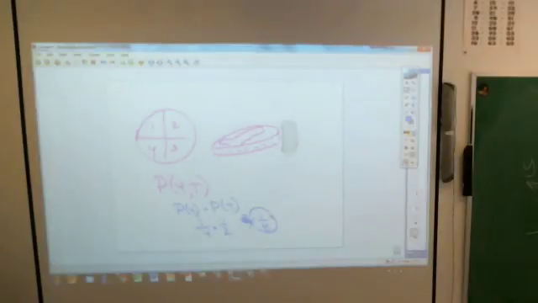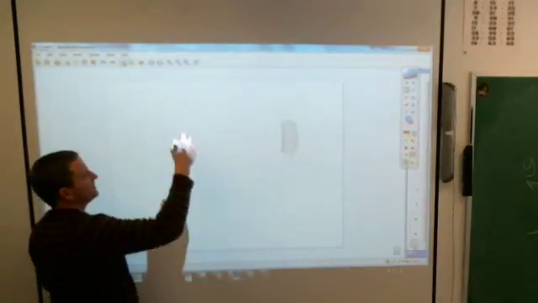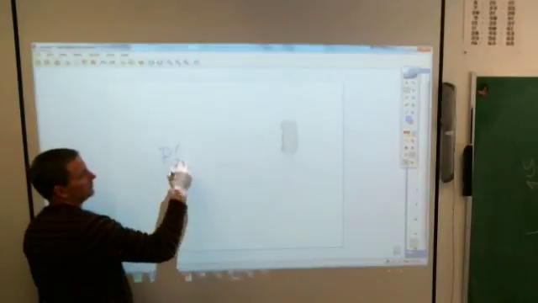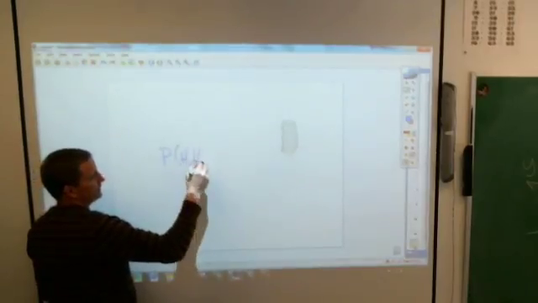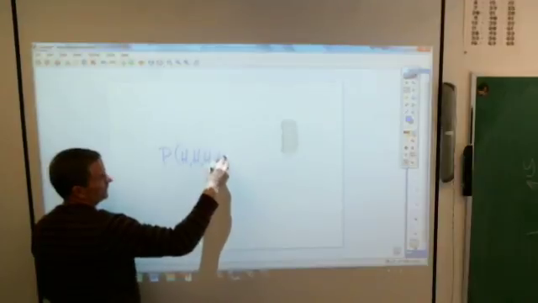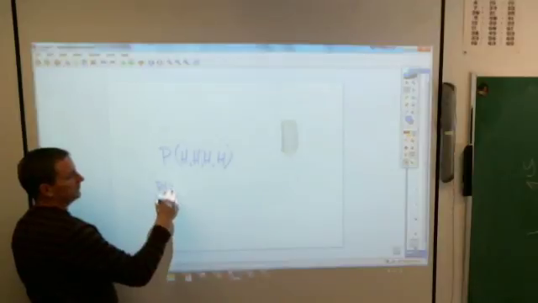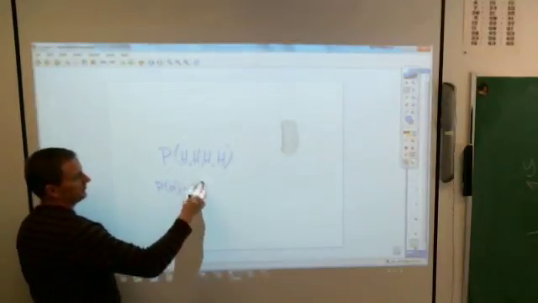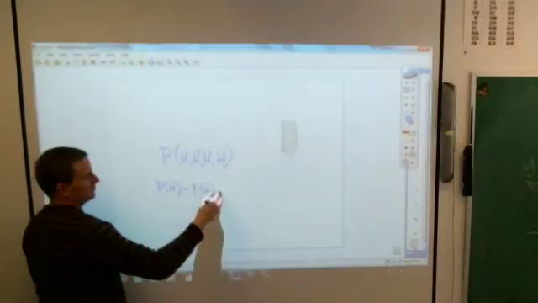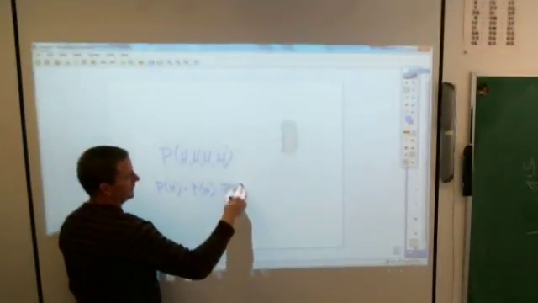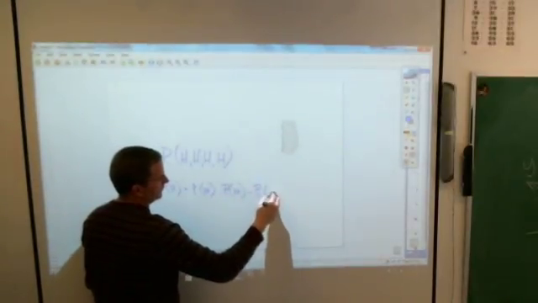Let's see what they ask here. One question out of the book says a coin will be flipped 4 times. What's the probability that a coin will land heads up 4 times in a row? So the probability of a head, a head, a head, and a head is the probability of flipping the first head times the probability of getting a head the second time times the probability of getting a head the third time times the probability of getting a head the 4th time.